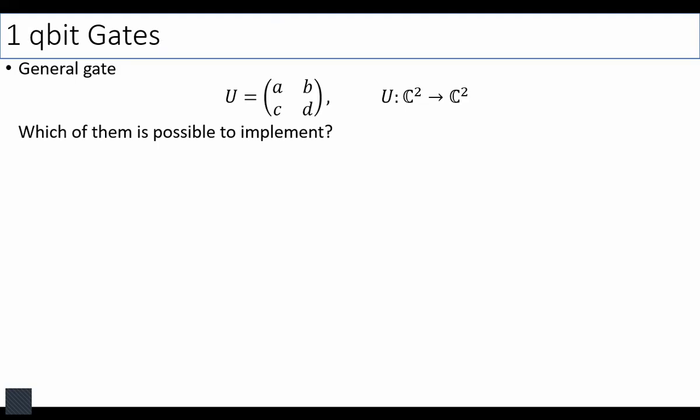In the very beginning, I told that what basic operations are possible is determined by a physical device, and different physical devices have different basic operations which they implement. But in the theory of quantum computers, for some reason, people do not rely on this.